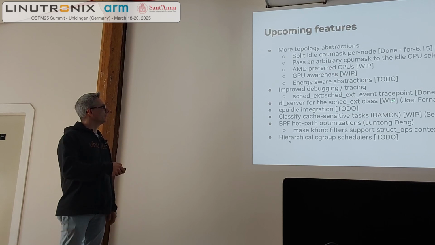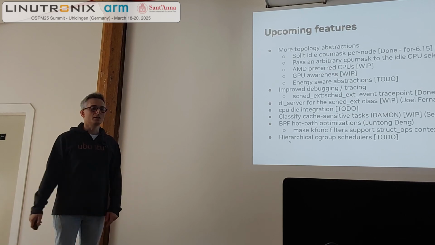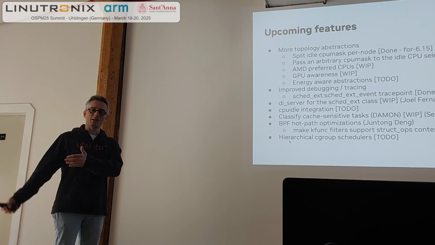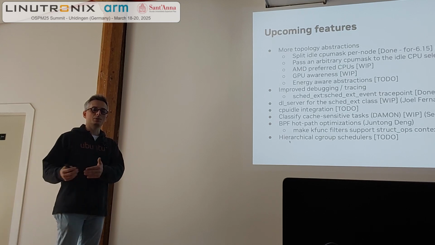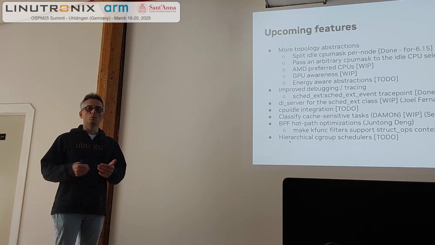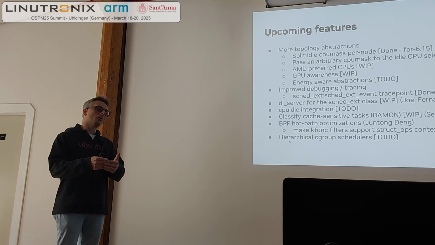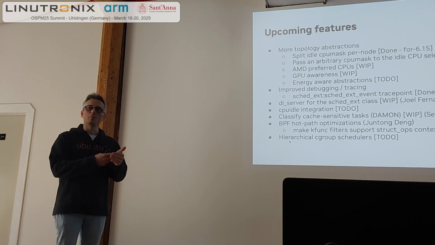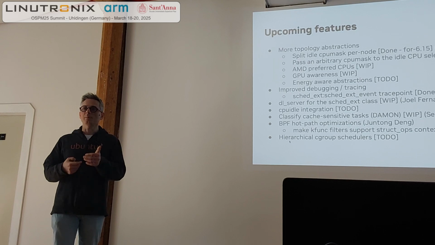Changwoo recently added a trace point. If you try to do silly things in the BPF scheduler, like trying to schedule a task on a CPU that cannot be used because of affinity restrictions, you would either get an error, or the core would fall back to a CPU that can be used.